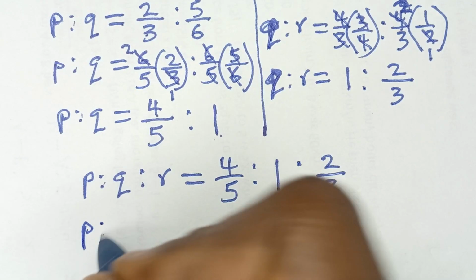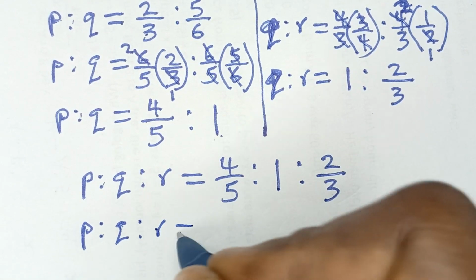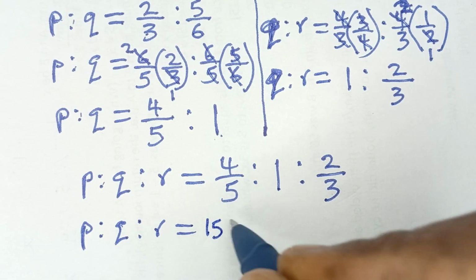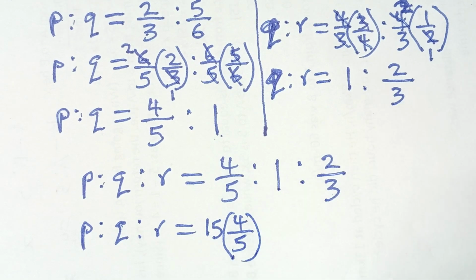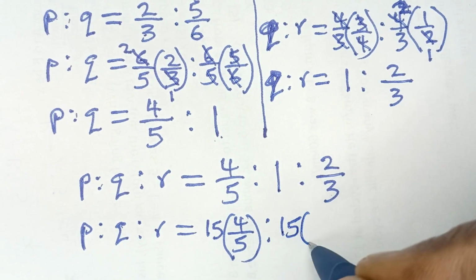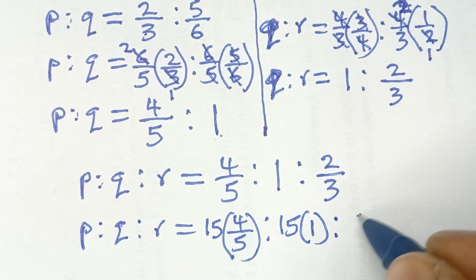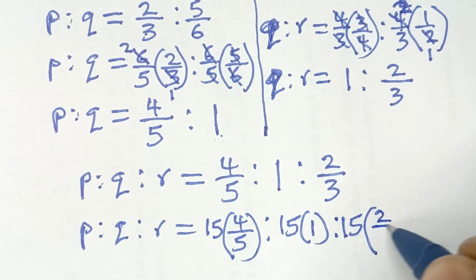So P ratio Q ratio R is equal to 15, which is the LCM, I use it to multiply 4 over 5, and then ratio 15 multiplied by 1. Don't forget this is the middle one, which is 1. Then ratio 15 multiplied by 2 over 3.